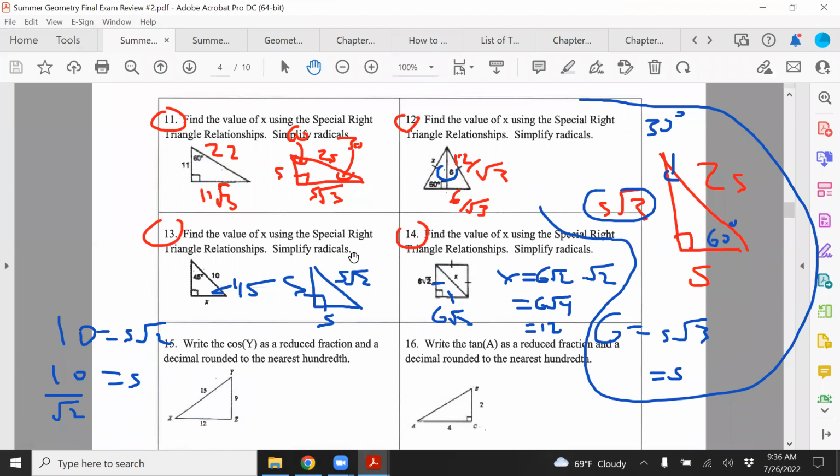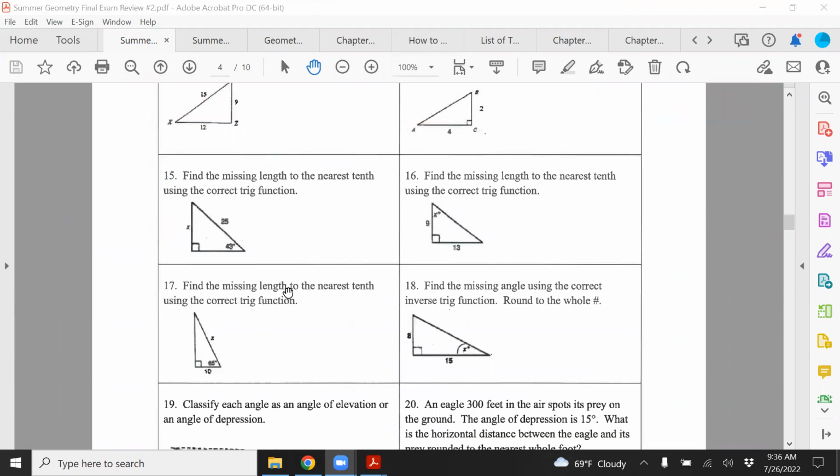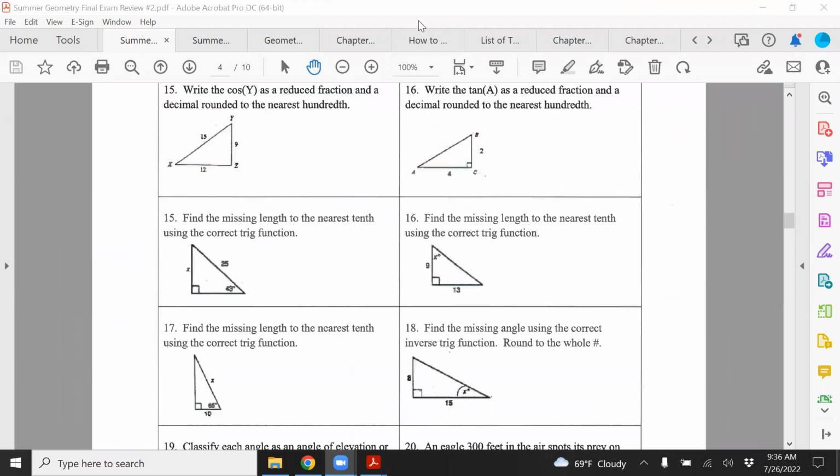So special right triangles. Then we have sine, cosine, tangent. I'll call this trig.